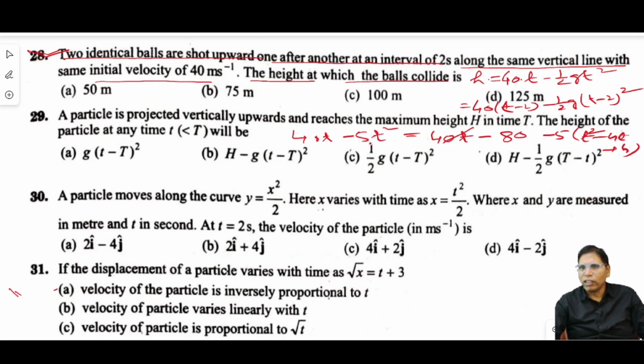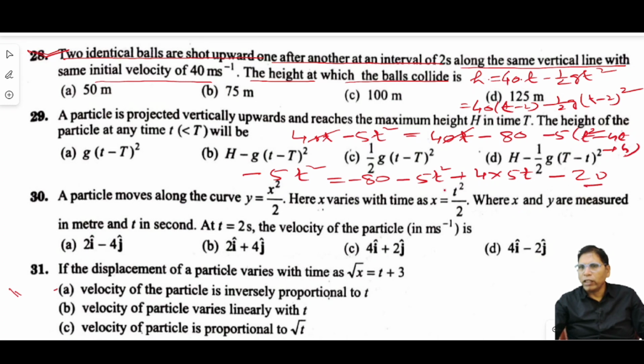The 40t cancels out. Now look at this. Minus 5t squared equals minus 80, minus 5t squared, plus 4 into 5t, which is minus 20.